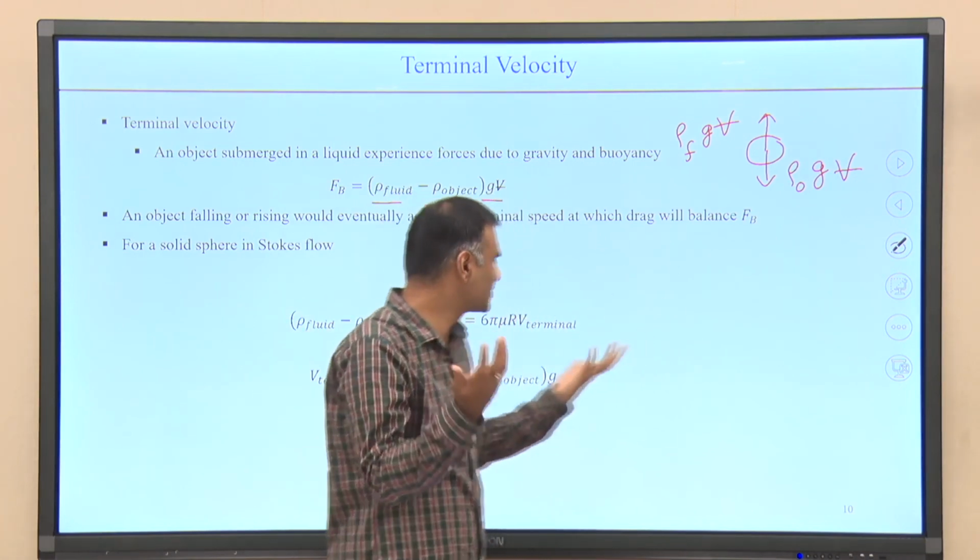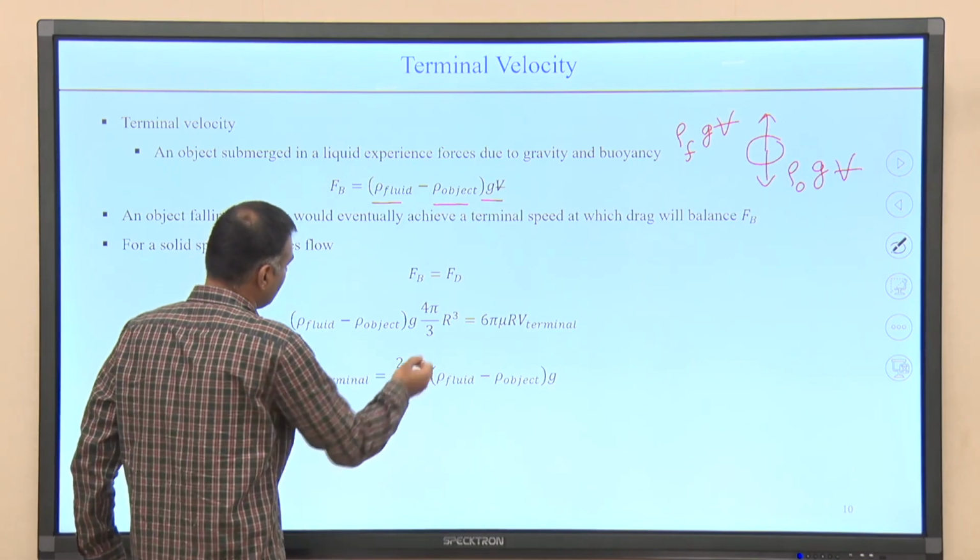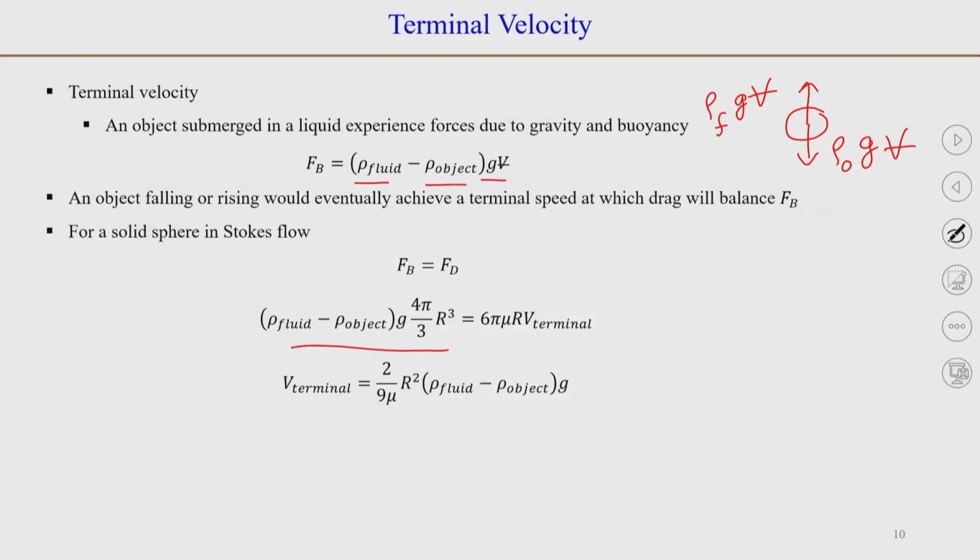So, if we talk about say Stokes flow, which we have done earlier also, we can do the buoyancy and drag forces for a Stokes flow, they will balance each other, and from that we can find the terminal velocity. But we can do a similar relationship for a sphere at higher velocities using the drag correlations that we just saw.